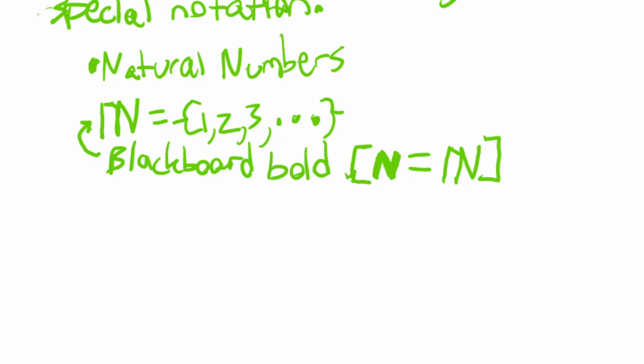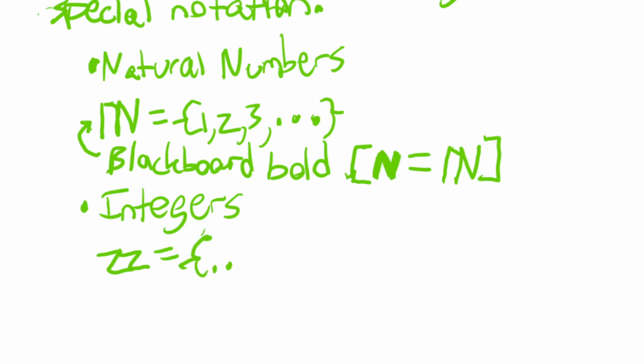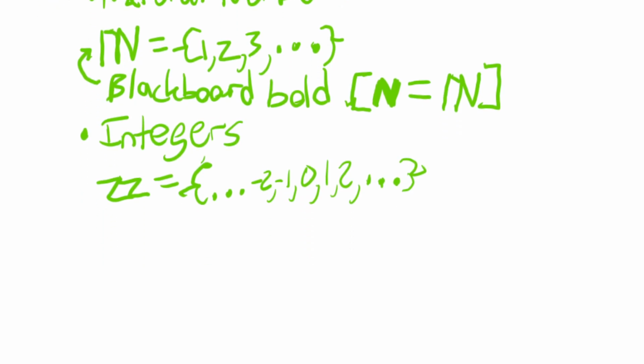So that we have the natural numbers, and we have integers. So this will be a Z. And for sets, these 3 dots right here often describe that there's an implication that can be made or understood from the pattern that's observed in the set.